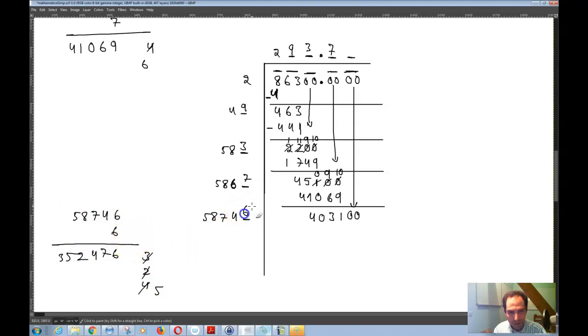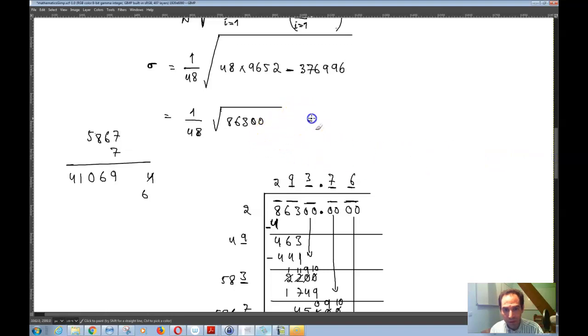So if you use a 6 here, you get 352,476, and then you can of course do the subtraction, but you already know the answer. It's 293.8. You can take it.